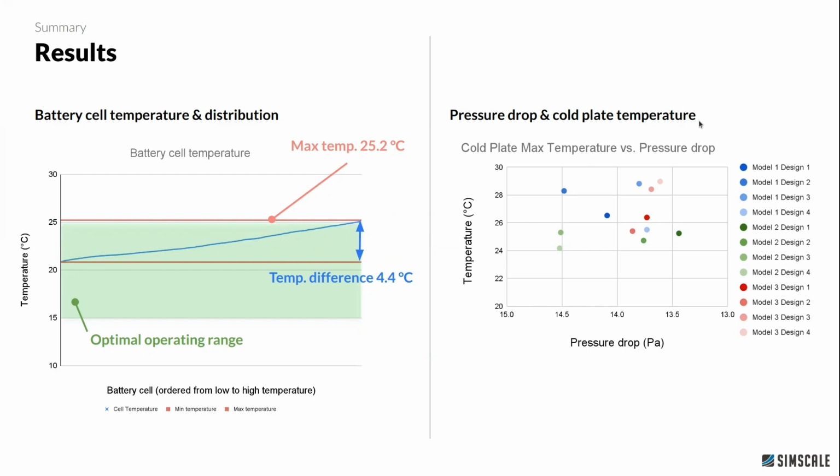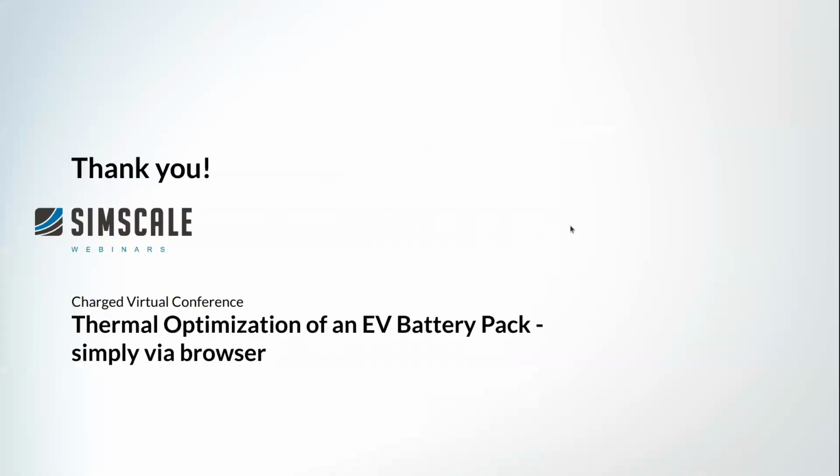Or I can take a look at the convective setup that I did. I can see the different temperatures that I reach on the top surface where the heat is introduced into the cooling channel. And I have the pressure drop for these different models. Ideally, we take one that works quite well in regards to the temperature distribution, but also in regards to the pressure drop.